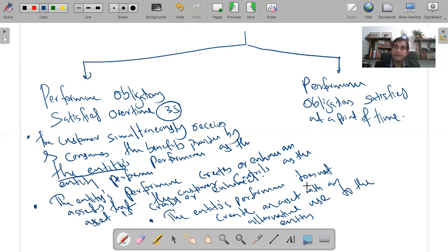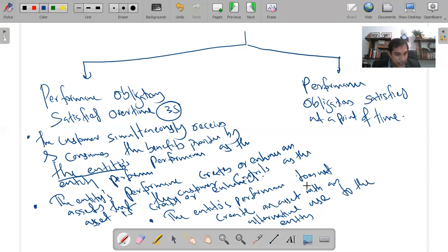If the customer withdraws from the agreement, there is no such alternative use of that particular asset to the entity. Maybe that particular construction, for an instance, is more customized. If there is a cancellation of the agreement, the entity needs to incur a big value to change the product, change the construction, right? There is a huge loss. Then that is impossible, right? That's what the third point is saying.